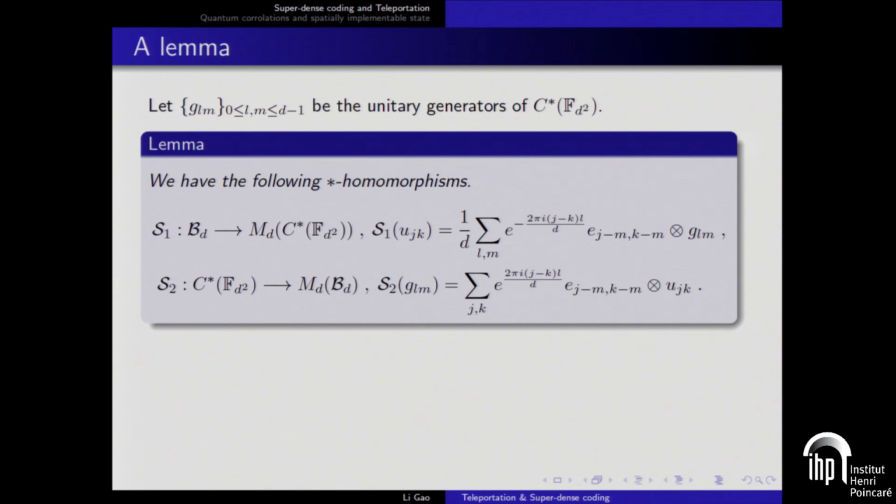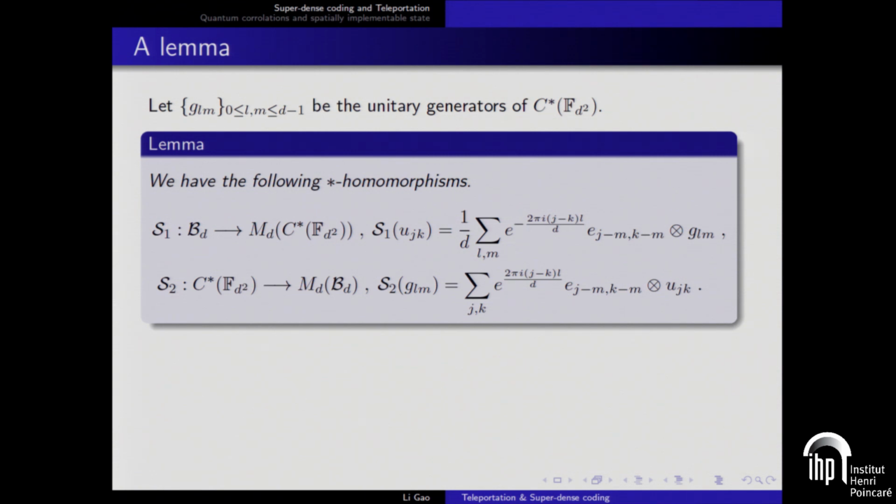Here, since we have D square generators, we mark these with double indices. And for the second, the C-star algebra of the free group of D square generators has a star homomorphism into MD of Brown's algebra.